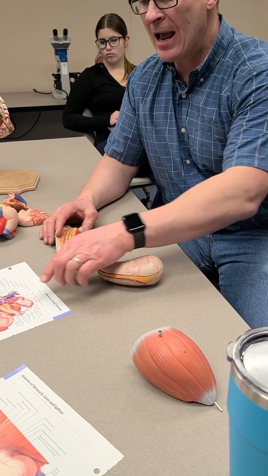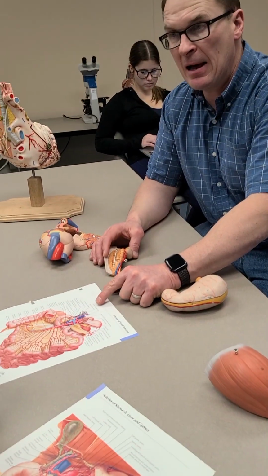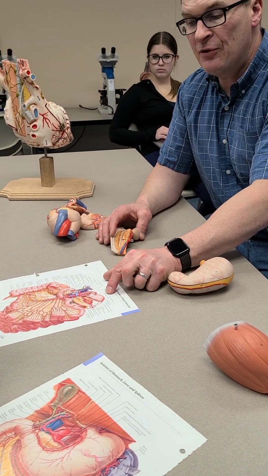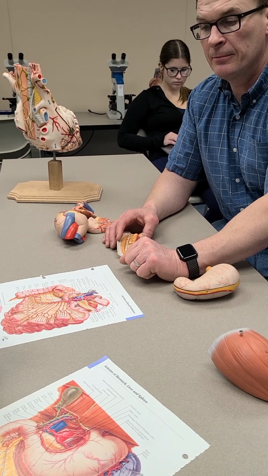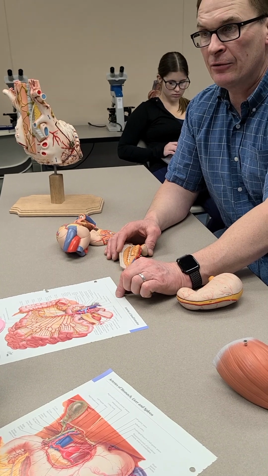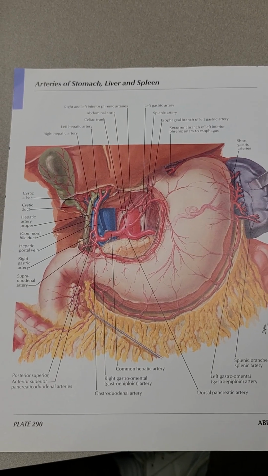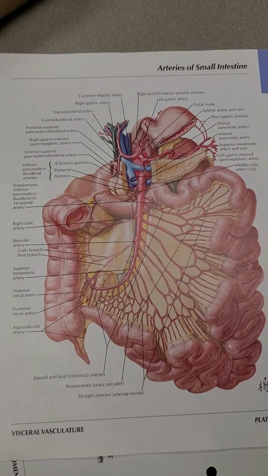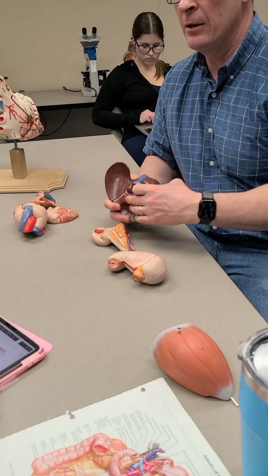Okay, so you now have 3 branches of the celiac trunk. What are they? Common hepatic, your left gastric, and your splenic. Where's the left gastric? It should be 145, on the stomach. And then you have 181, common hepatic.